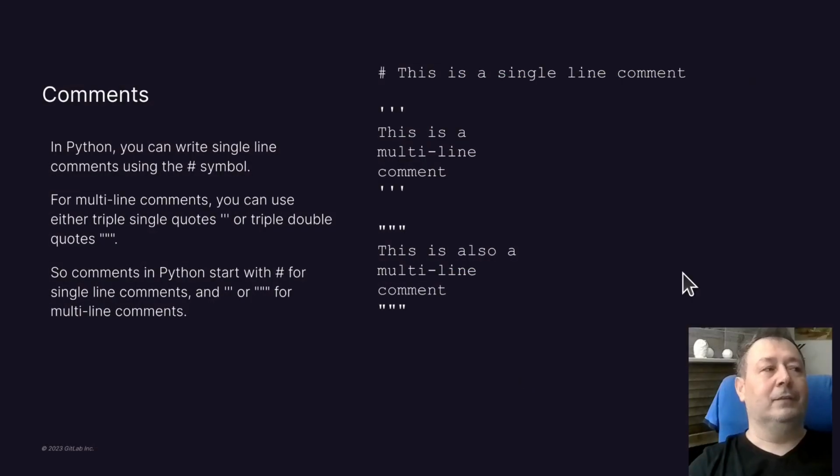In Python, you can write single-line comments and multi-line comments easily using the number sign at the beginning. For example, let's write here a single-line comment, print hello world. Nothing changes here.